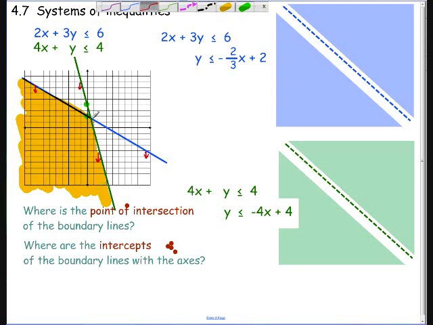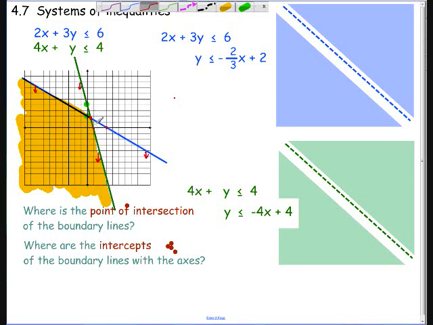There is a point of intersection of these boundary lines. It's right here. Right there. That's the point of intersection. There are intercepts of these boundary lines with the axes. There's an intercept right here. This is the next intercept.